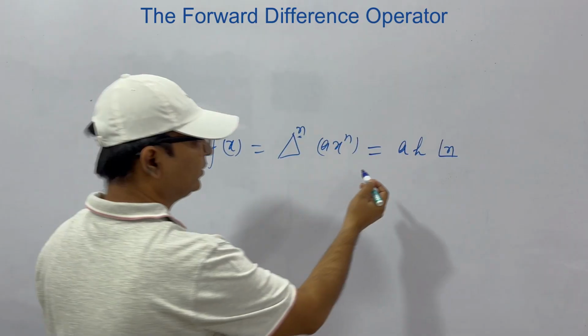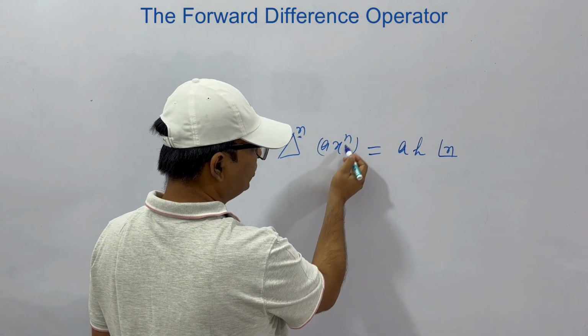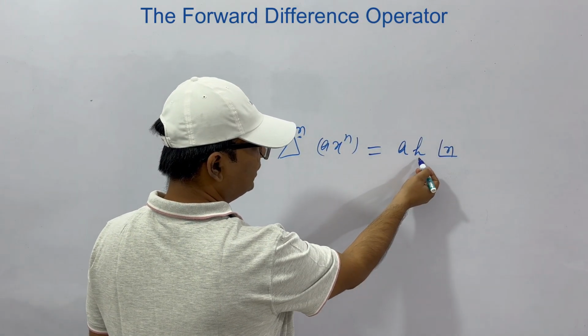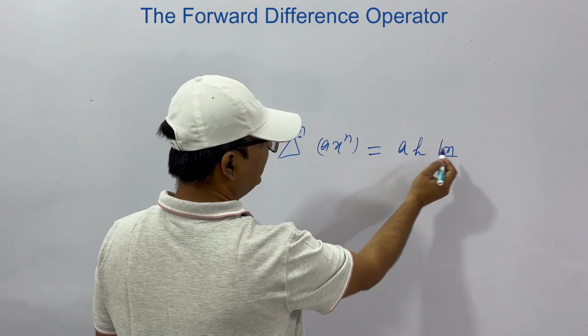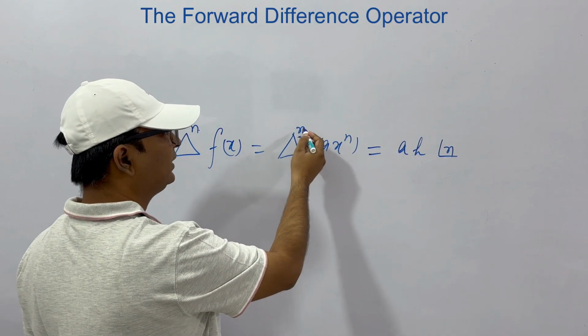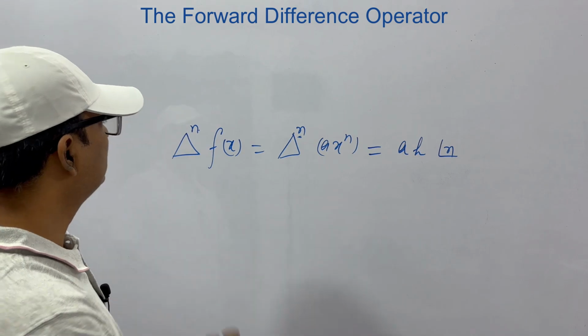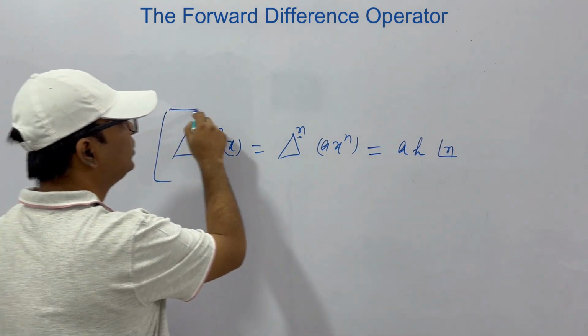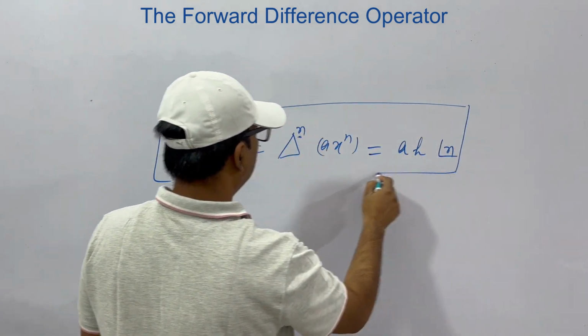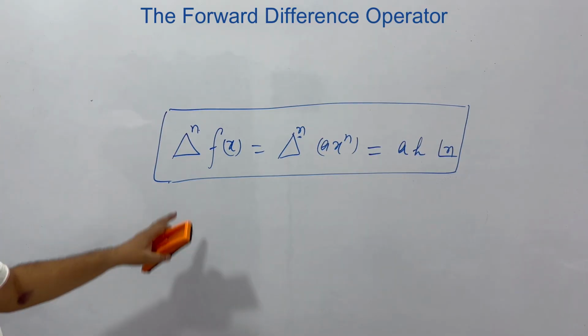So this is a constant. You can see this is the coefficient of x to the power n, this is the interval, and this is factorial n. If we have to find del 3, this is factorial 3, for 4, factorial 4. So this is a very important result that you should keep in mind. Clear?